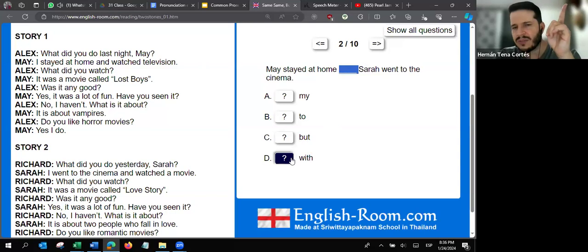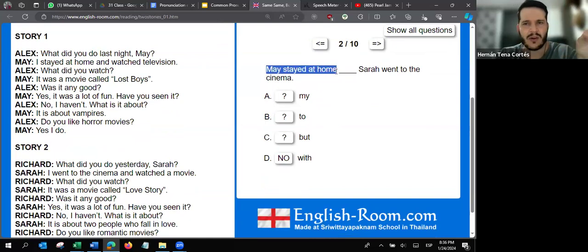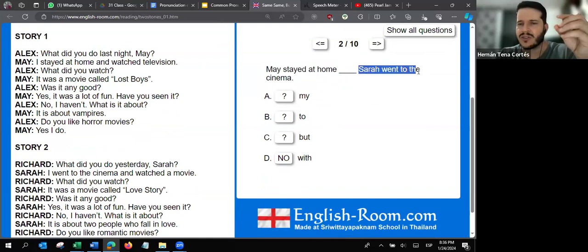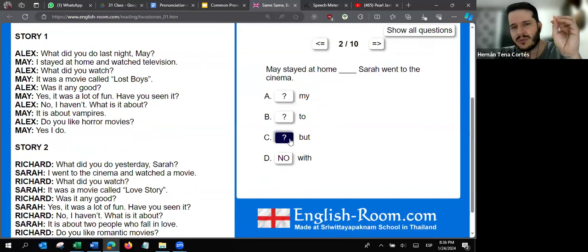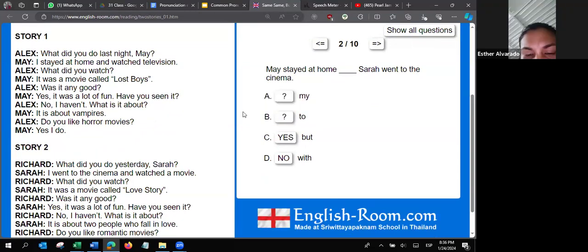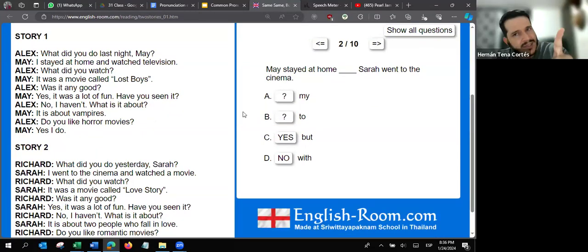All right, you say with. Now, very close, but think of it this way. May stayed at home, so she did not go out, but Sarah went out. So these are like differences. They're like opposites. When we talk about opposites, we usually use but. May stayed at home, but Sarah went to the cinema. Thank you for trying, Jen.